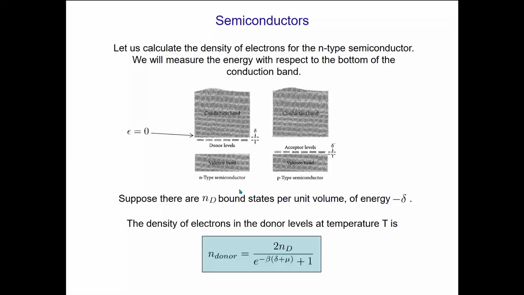Then at 0 temperature, when we increase the temperature, the density of electrons in the donor levels at temperature T will be equal to this, which we calculated before. When temperature is 0, this factor disappears, it becomes very small, and we get a factor of 2 for two spin states, up and down. Okay.